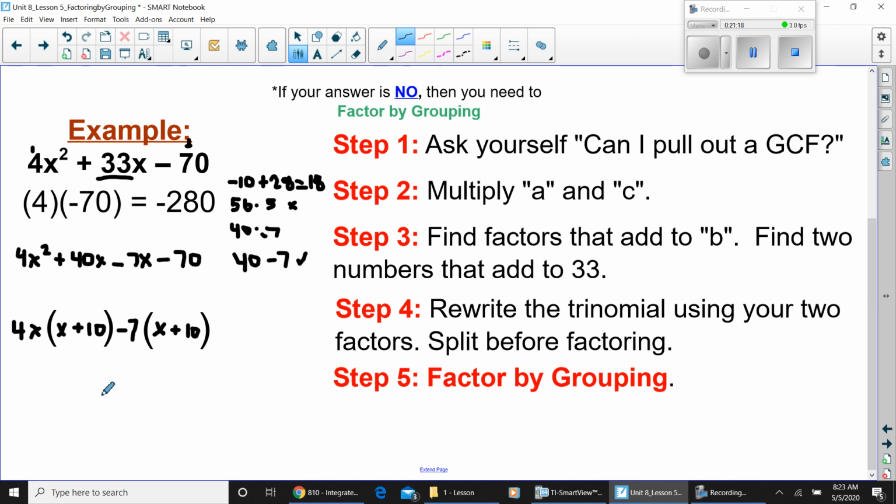You're just going to take this first 4x minus 7, first binomial, create your first binomial, 4x minus 7, just like that. And then you're going to use that x plus 10 as your second binomial.